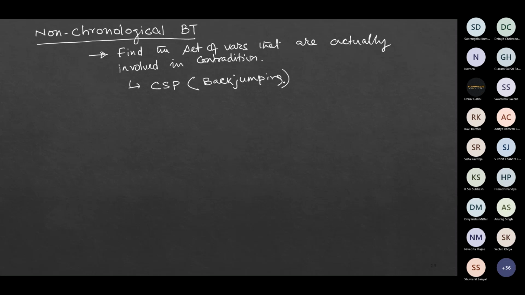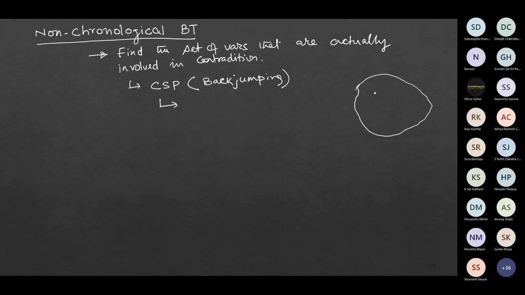So we jump back to a particular assignment, which may lead to contradiction. So we will be skipping all the assignments in between, right? And what was the motivation behind doing this? The motivation was that while you are solving the CSP, you are moving inside a search space, right?